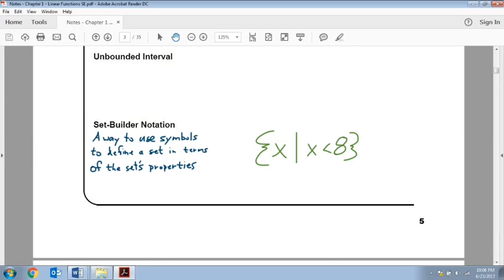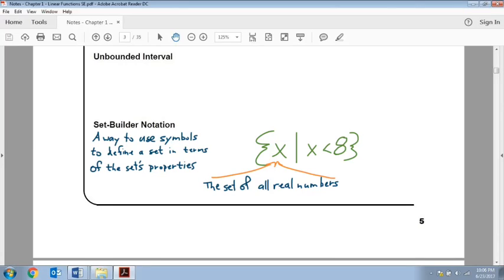It would be the set of all real numbers. That's what this part is.